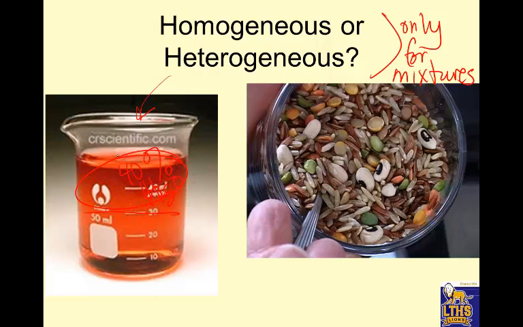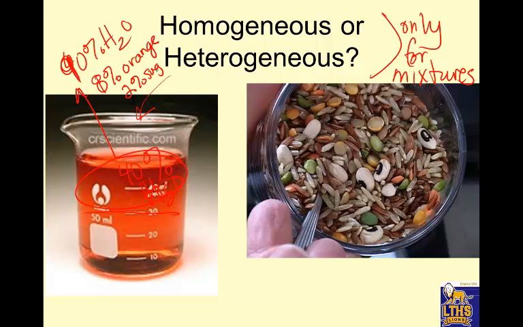Maybe it's 40% H2O. No, it's probably more like 90% H2O, 8% orange flavor and 2% sugar. Okay, so it's all blended so well that no matter what you get, you're getting these proportions in there.